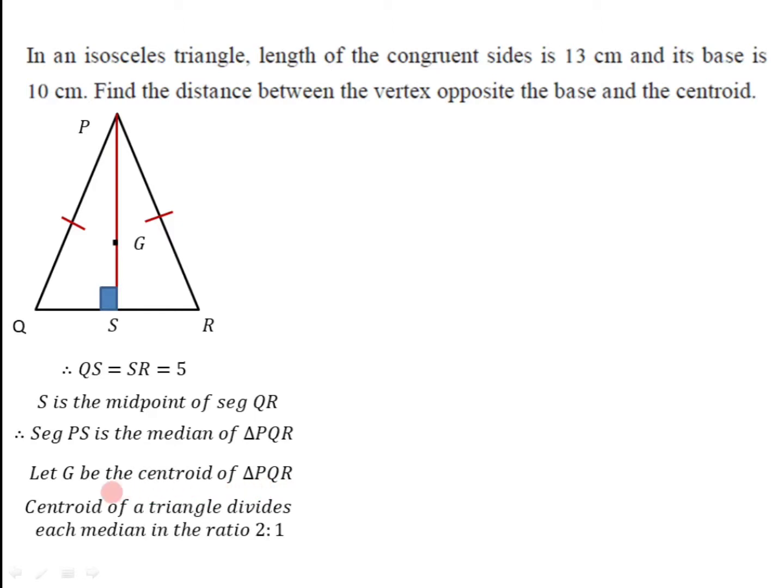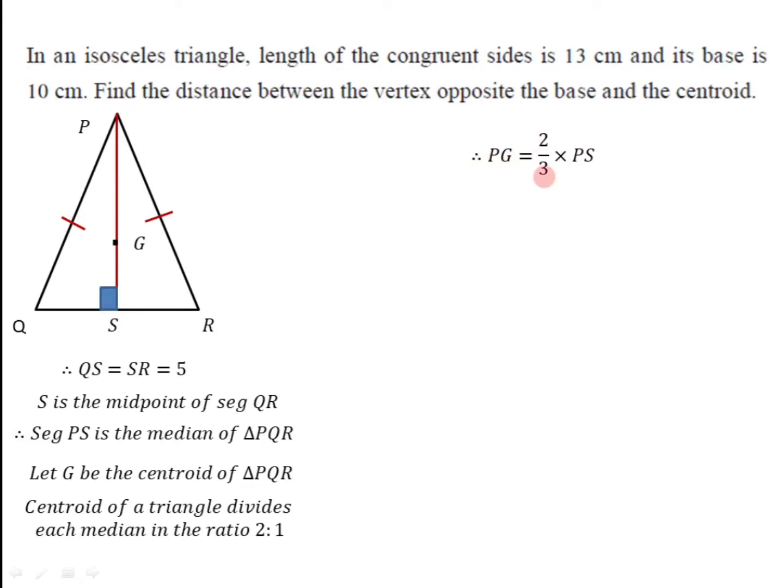And also we know one property of a centroid of a triangle, that is centroid of a triangle divides each median in the ratio 2:1. Now as G is the centroid and PS is a median, point G must divide segment PS in the ratio 2:1. That means PG must be 2/3 of segment PS.